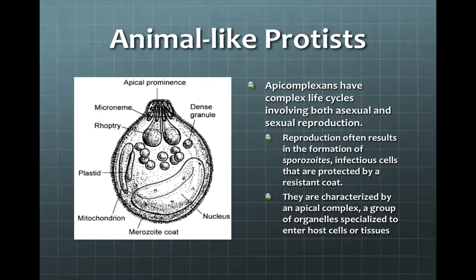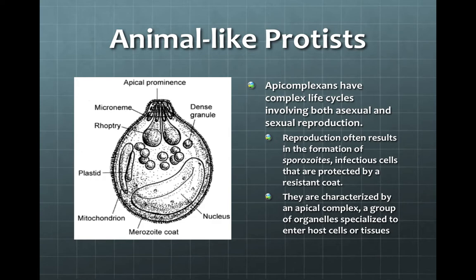Apicomplexans have complex life cycles involving both asexual and sexual reproduction. The reproduction often results in the formation of sporozoites. They are infectious cells that are protected by a resistant coat.